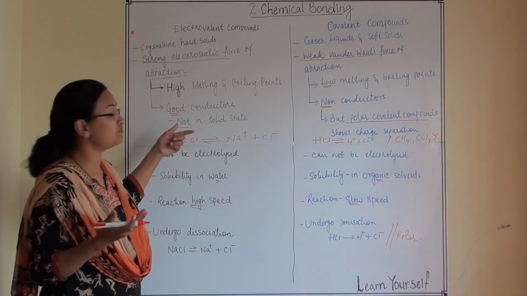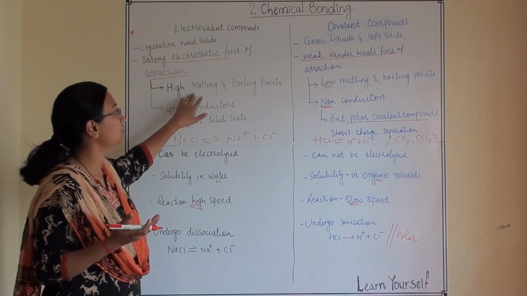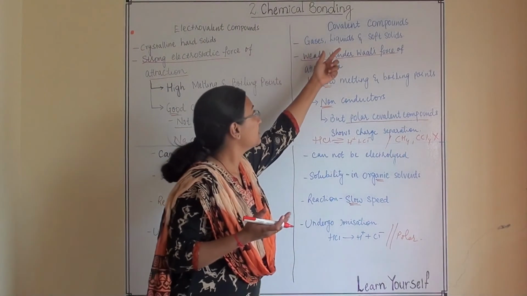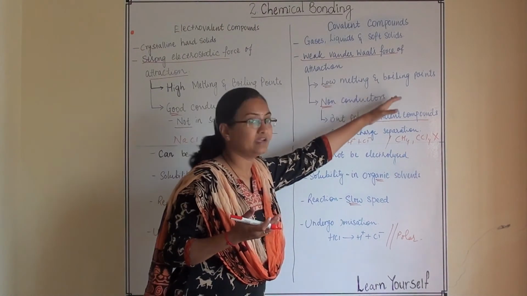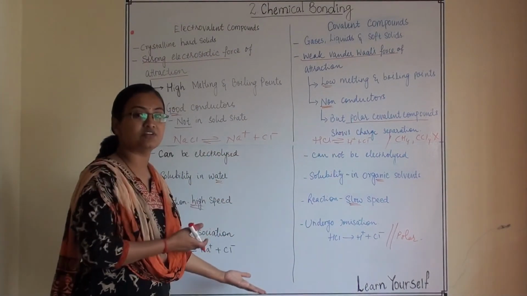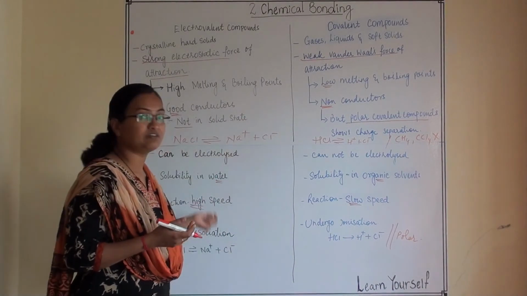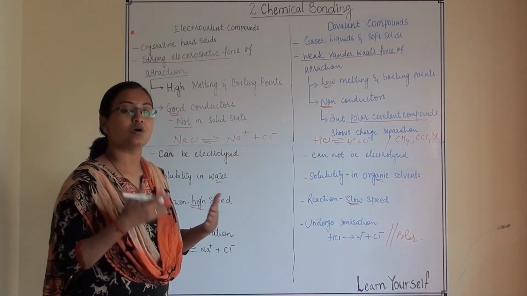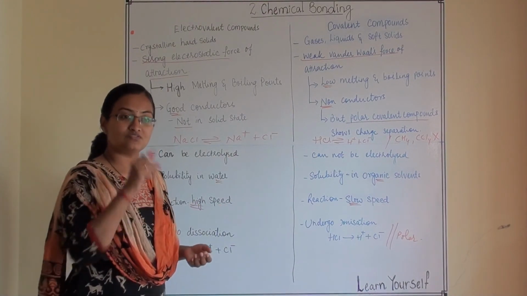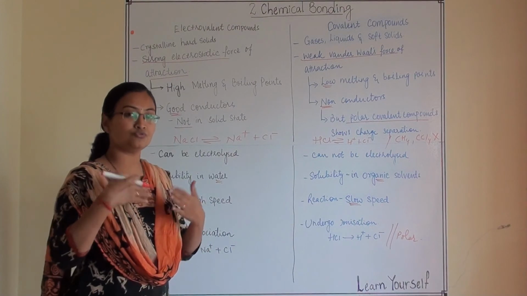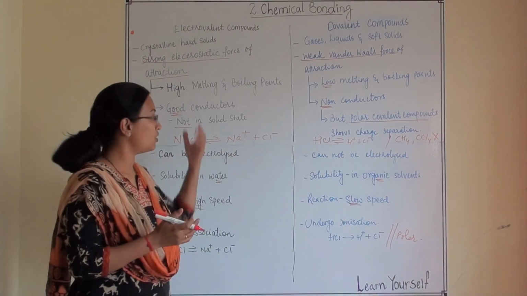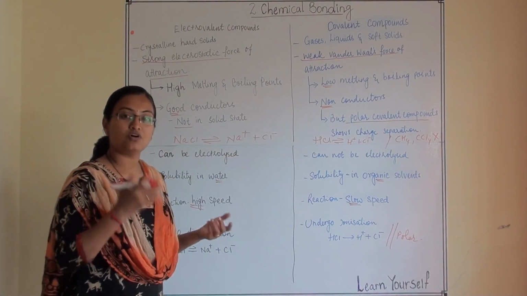If in the exam they ask why there will be a high melting and boiling point in an electrovalent compound, or why there will be a low melting and boiling point in a covalent compound, if you have remembered the full difference, you will be able to answer it. So please pause the video and try to write it by yourself. If you don't know anything, play the video again and try to remember all these short steps for big reasons.